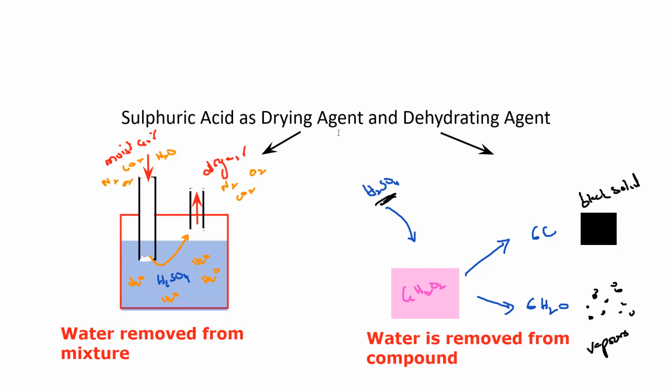So sulfuric acid has a tendency to work as both a drying and a dehydrating agent.